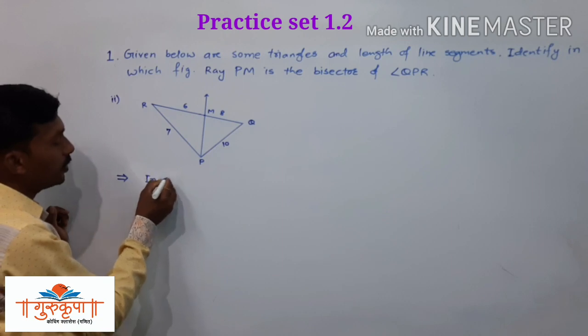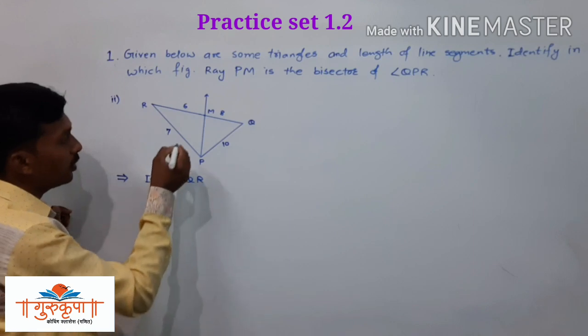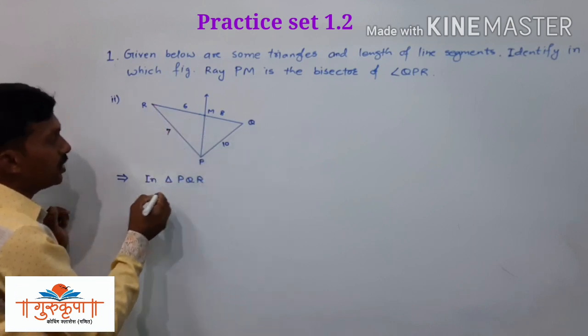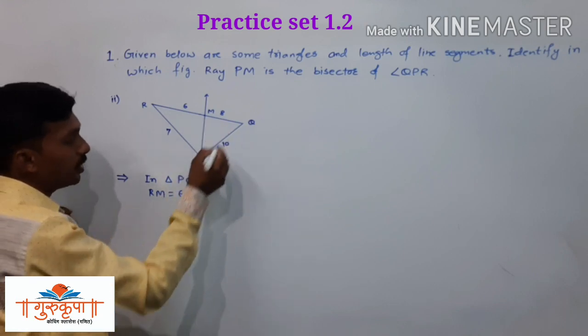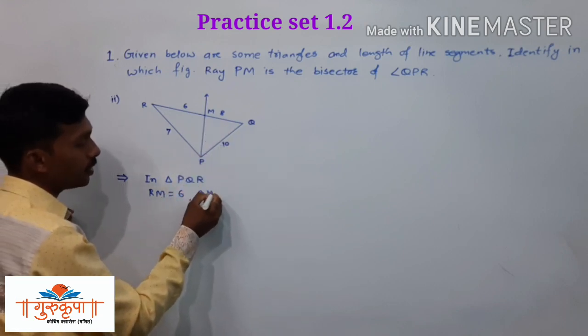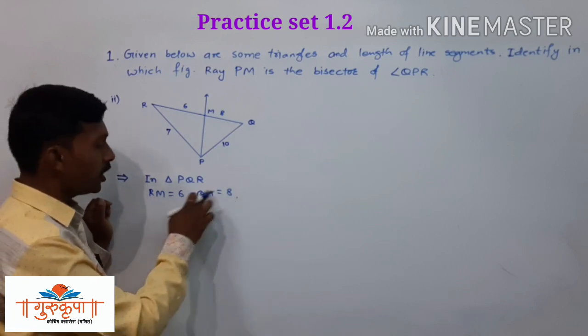In triangle PQR, RM is equal to 6 units and QM is equal to 8 units. Since a ratio has no unit, we are not writing the units here.